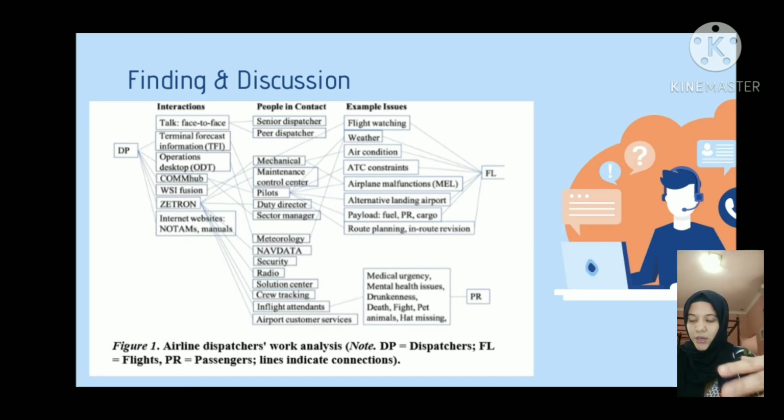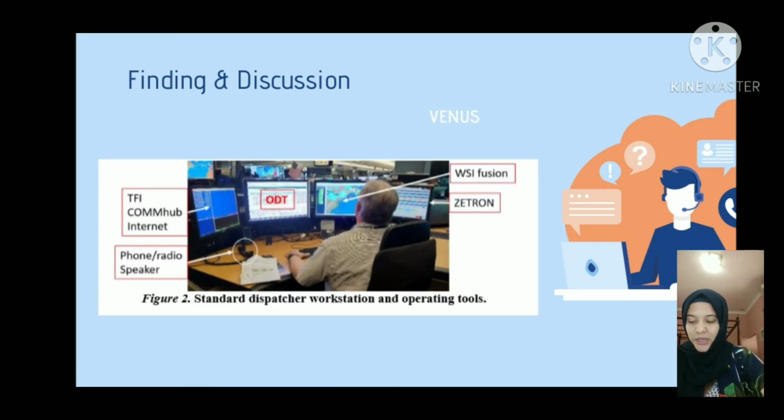We can see here they are set in a quad arrangement, so they may also help each other in hectic cases, such as assisting the busy dispatcher in pulling information, because as we know, this dispatcher has various job tasks, and sometimes does them at the same time.